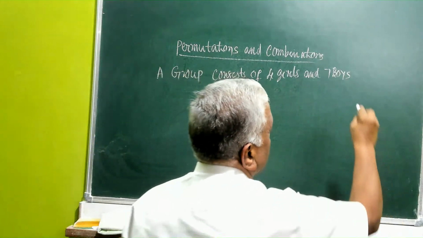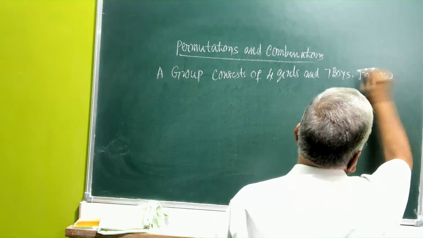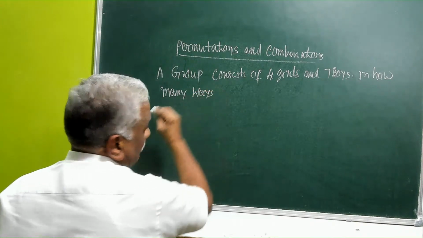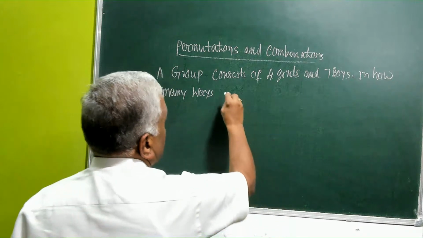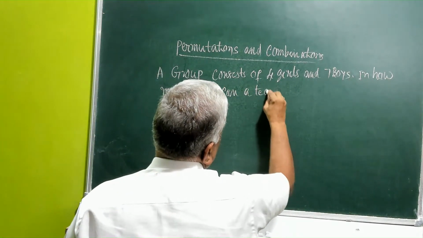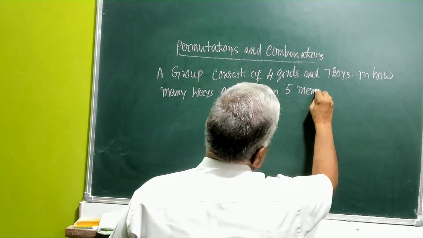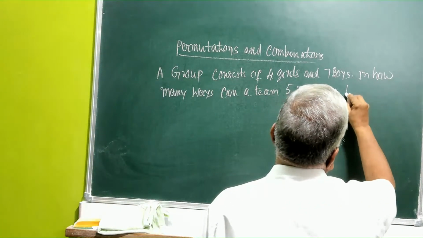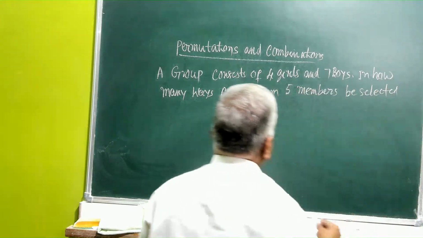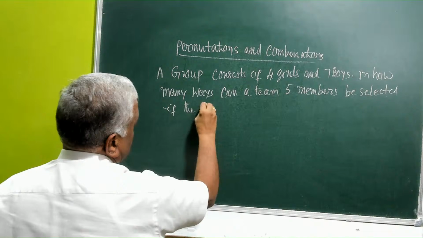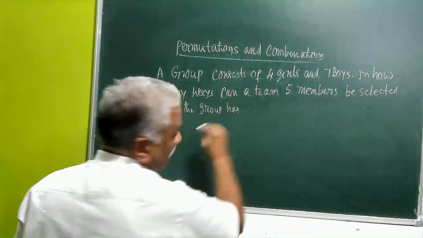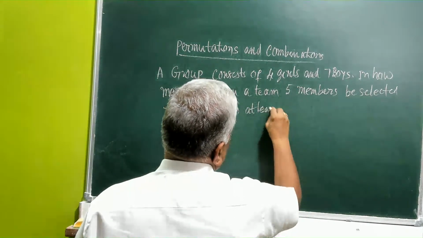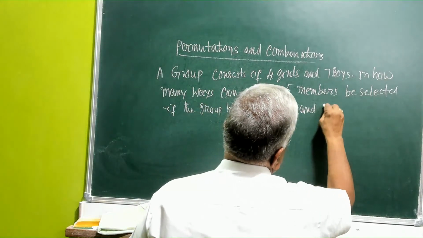In how many ways can a team of 5 members be selected if the group has at least one boy and one girl?